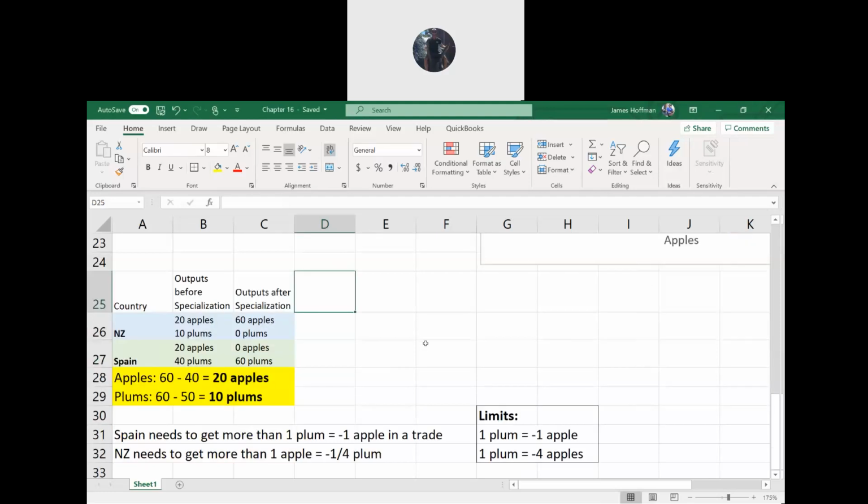All right, so I'm going to continue with this chart. So we had outputs before specialization, we had outputs after specialization, and now let's do amounts traded. Okay, and then we'll do outputs available after trade.